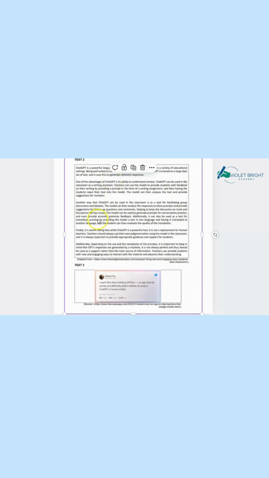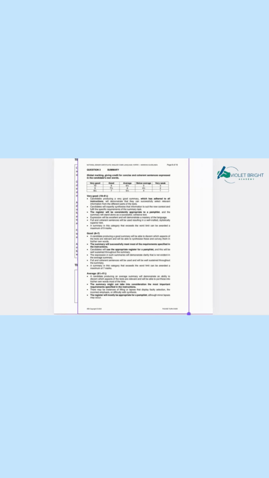But now, I want us to also take a look at the marking guidelines that you are provided with. So a summary is always out of 10. And let's see, how do you score a mark in and around that 10 area, because that's what we strive for.